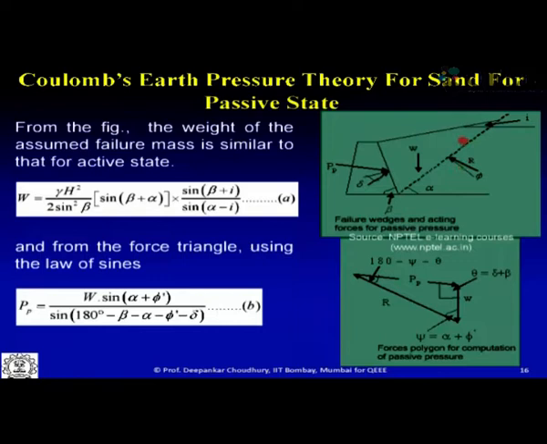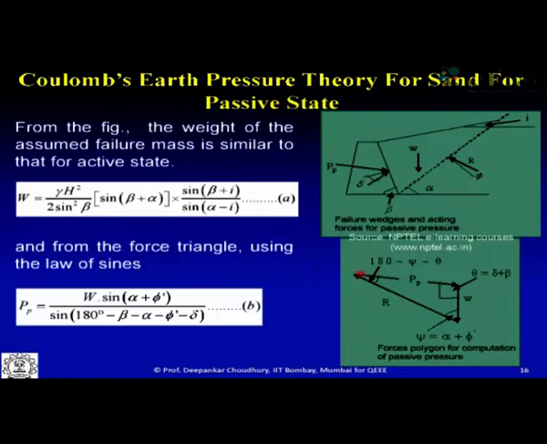And essentially for the same reason, this rigid portion of the soil, the failure mass we are talking about, is moving with respect to the remaining unfailed zone of the soil. So this is also a rigid body movement. Here also, due to the relative movement of the two portions of the soil, the reaction will come on the other side, unlike the active case. So this is normal to the plane. On this side, the soil reaction force R will act at an angle of phi.